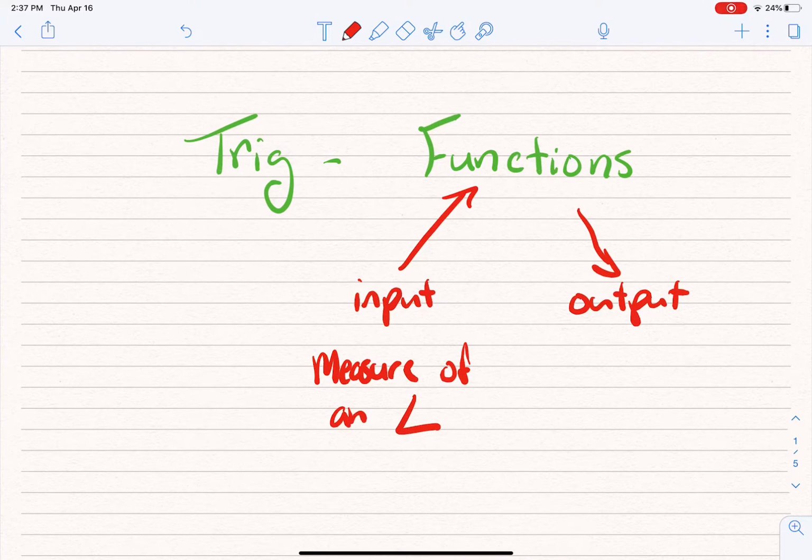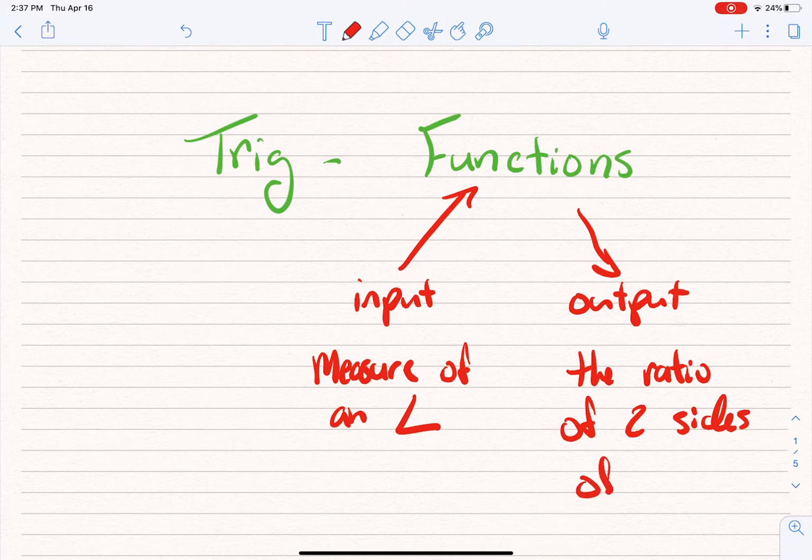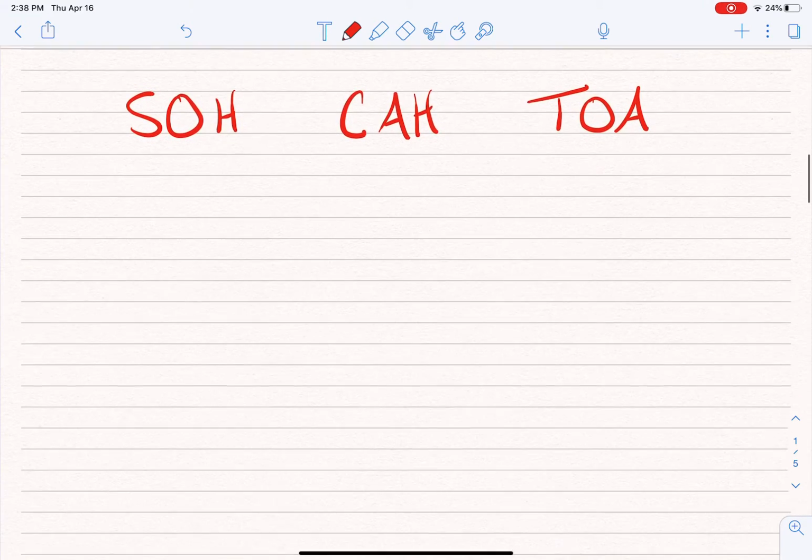And the output of every trig function is always the ratio of two sides of a right triangle. And that's odd, but that's still true. So that's what we have so far. Every function's got an input and output. The input's always the measure of an angle, and the output's always the ratio of two sides of a right triangle. And then we get into SOHCAHTOA.